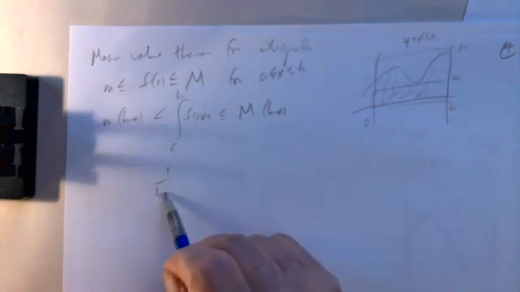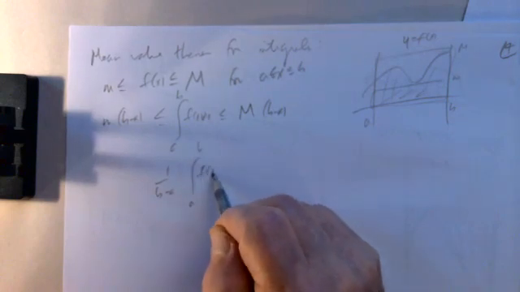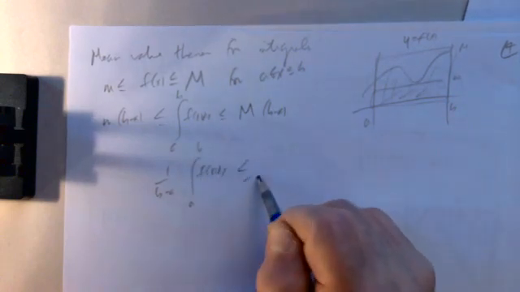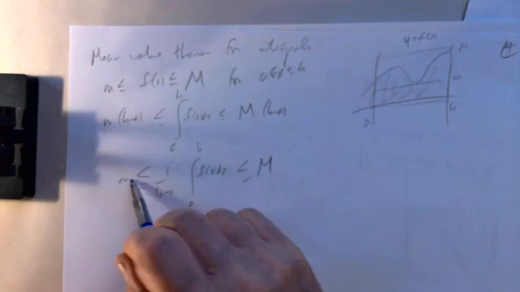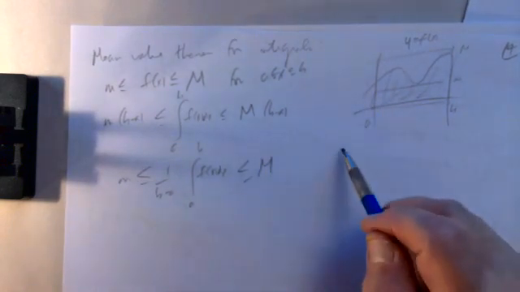So you get that 1 over b minus a, the integral from a to b of f of x dx, is some number between the minimum and the maximum value of the function.